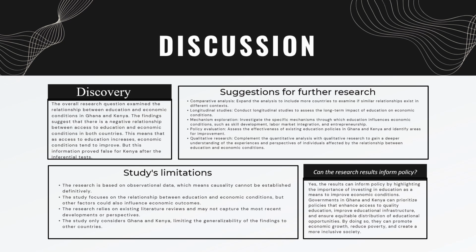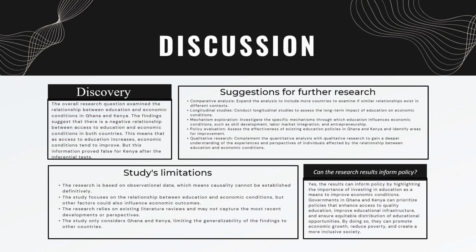So I would like to highlight some of the limitations and also suggest some good practices which could help improve this research. One of the first limitations was that the data used was observational, which means it didn't cover enough scope to give the research a very strong result.